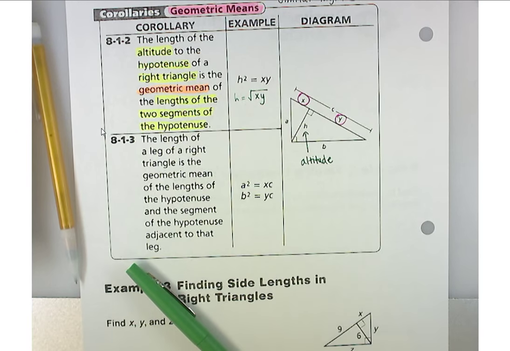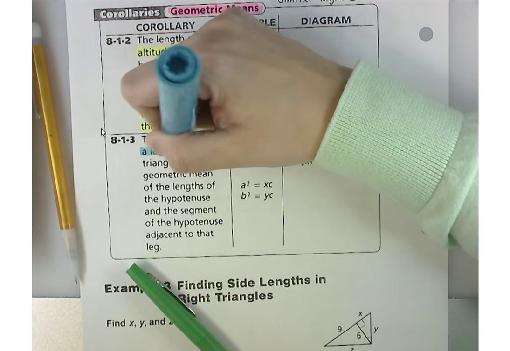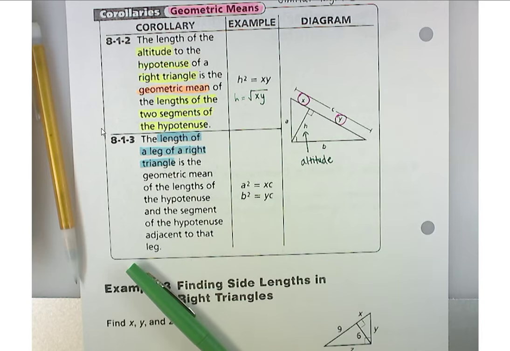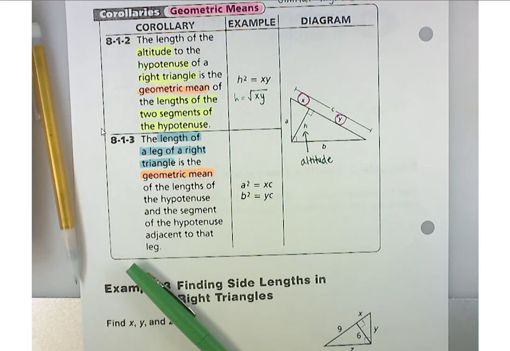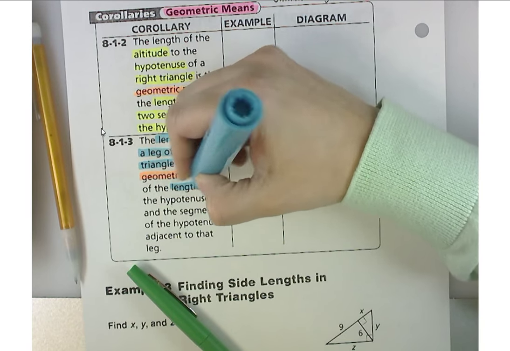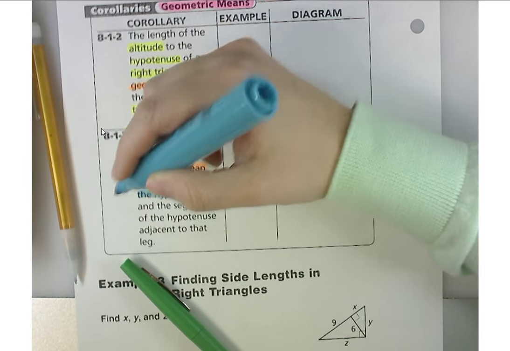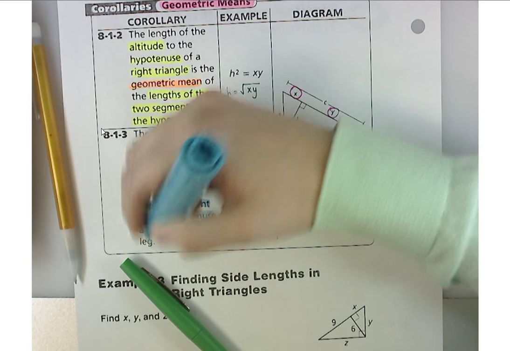Now, for the second part, the length of a leg of a right triangle is the geometric mean of the lengths of the hypotenuse and the segment of the hypotenuse that's adjacent to that leg.